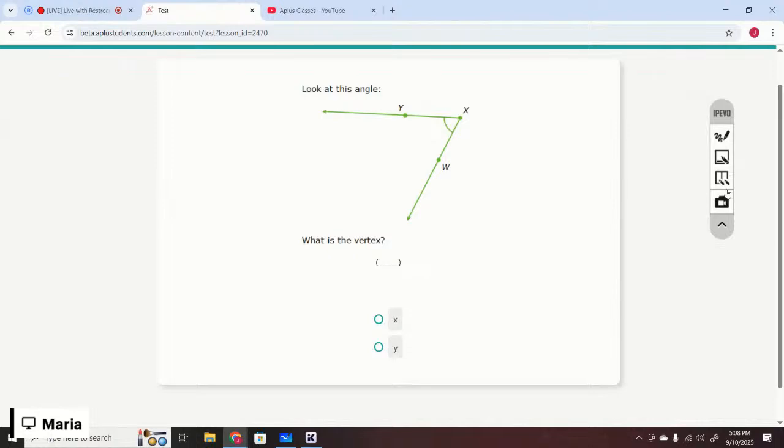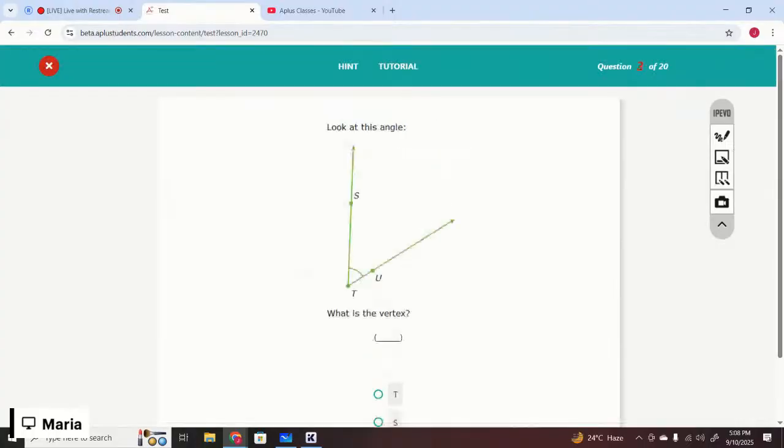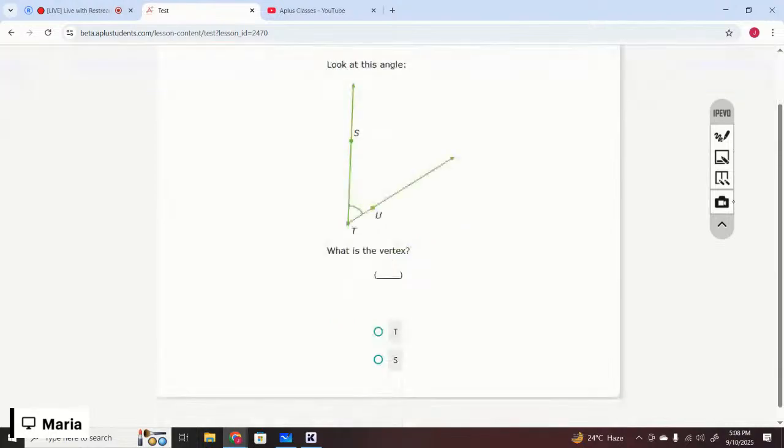The vertex is X. Option number one is the vertex is X. Option number two is the correct option. The vertex is T. Option number one is the correct option.